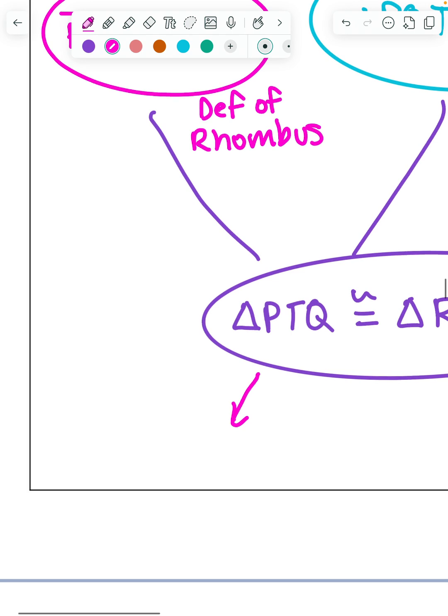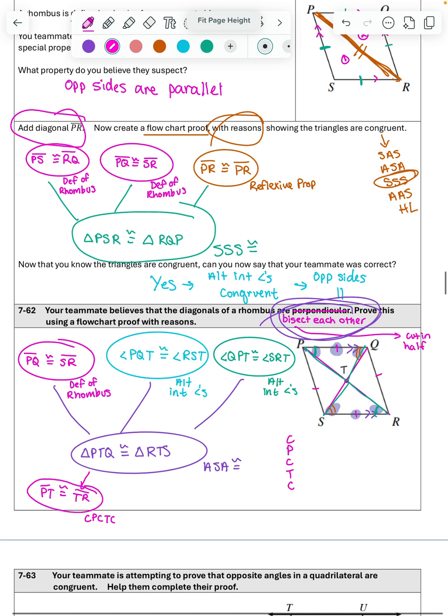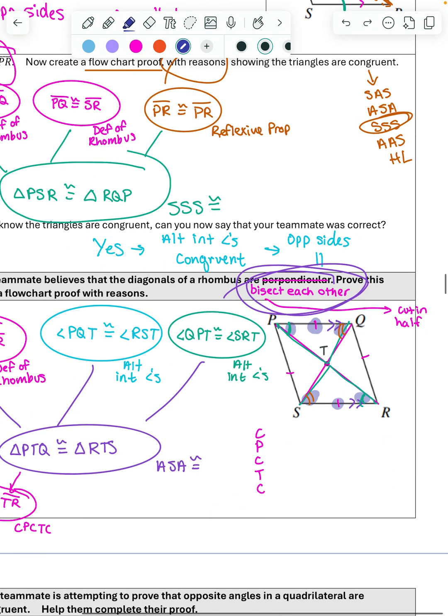So I could say that side PT is congruent to side TR. And that is due to CPCTC. Let me show you what sides I'm talking about here. PT, this chunk, is congruent to TR. Those are corresponding parts of the triangles.